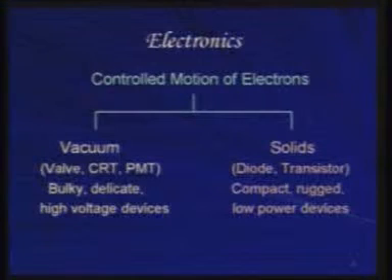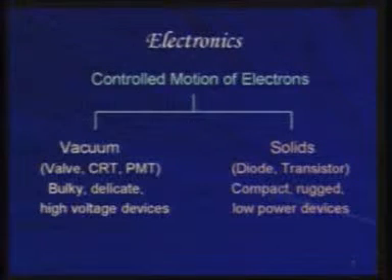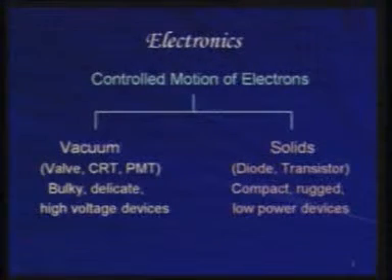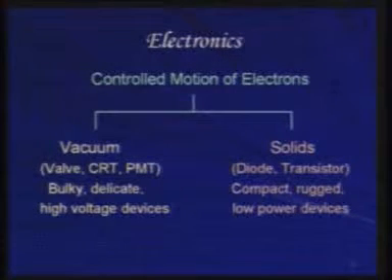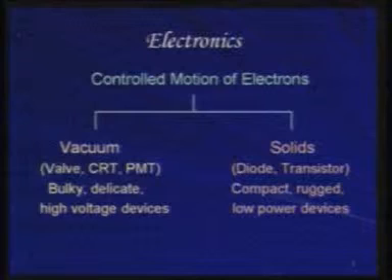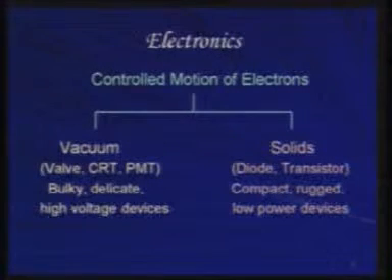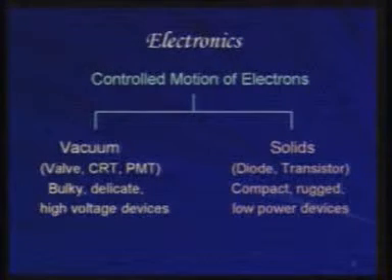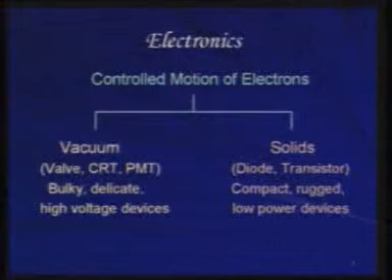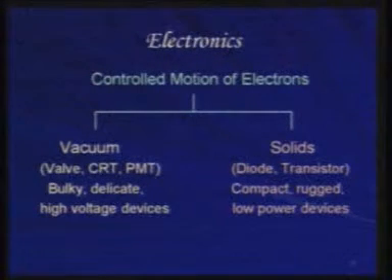However, these vacuum devices are glass encapsulated devices containing vacuum, and so they are very delicate. They are also bulky and they require higher voltages for operation, and that's why nowadays the use of vacuum devices has been reduced quite extensively, because of the solid state devices.